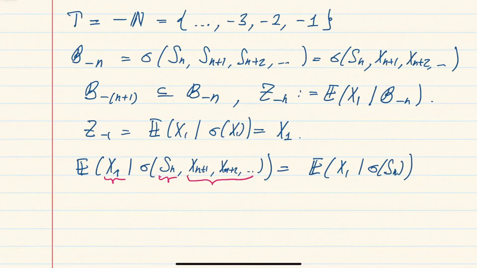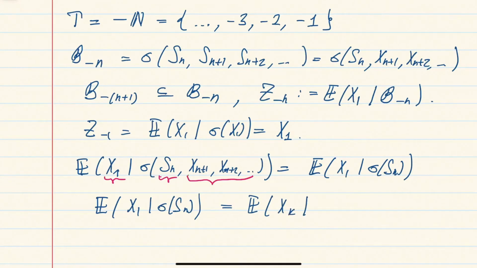You can notice next that the conditional expectation of X1 given just the sum Sn is the same as the conditional expectation of any other Xk given the sum, for any index k from 1 to n.